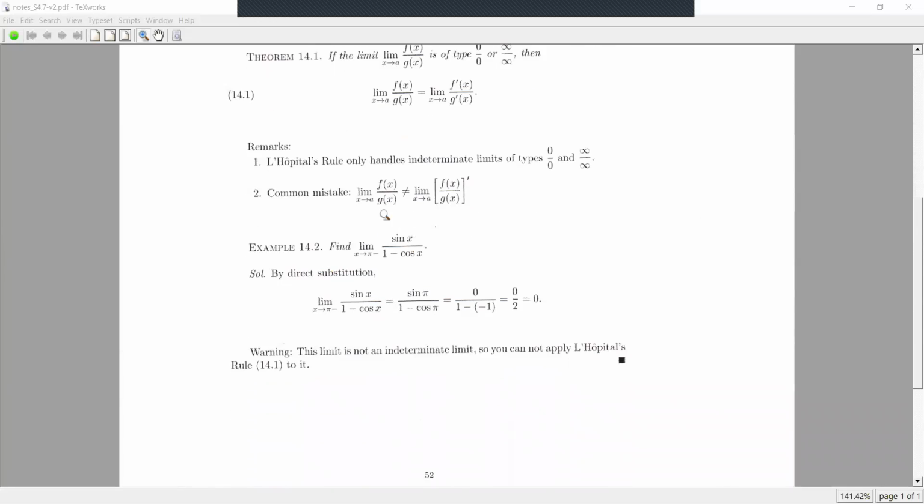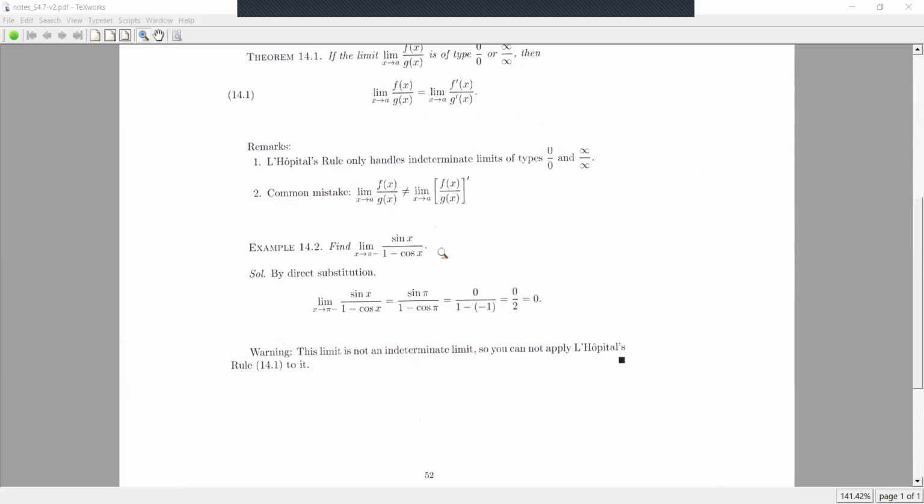Example 1, we have a quotient. We want to compute the limit as x approaches pi from the left-hand side. Now, direct substitution. Plug in pi for x, then we get this. Sine of pi is 0. Cosine of pi is -1. So we get 0 over 2. We can determine it is 0.